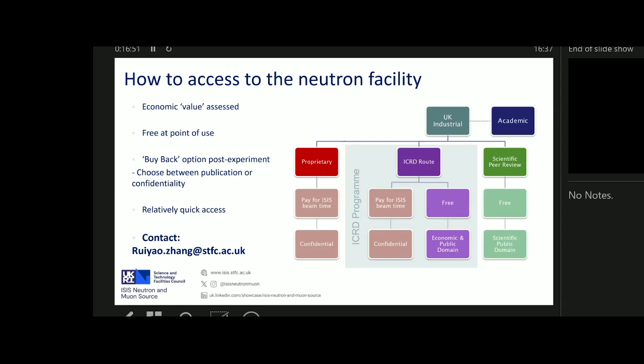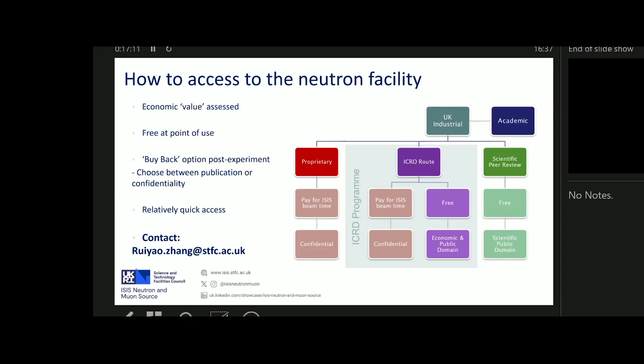And if you're from industry, you can also use our facility, and we have flexible routes for industry. You can use it for free as well, if you are happy to publish your data. Or if you want to keep it confidential, you can pay us to buy the beam time, and we're also very happy to support you.